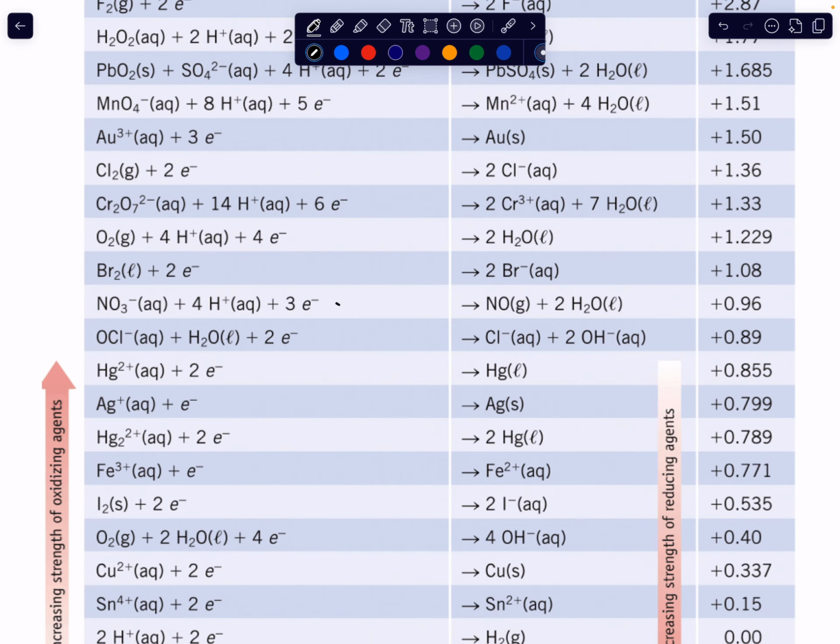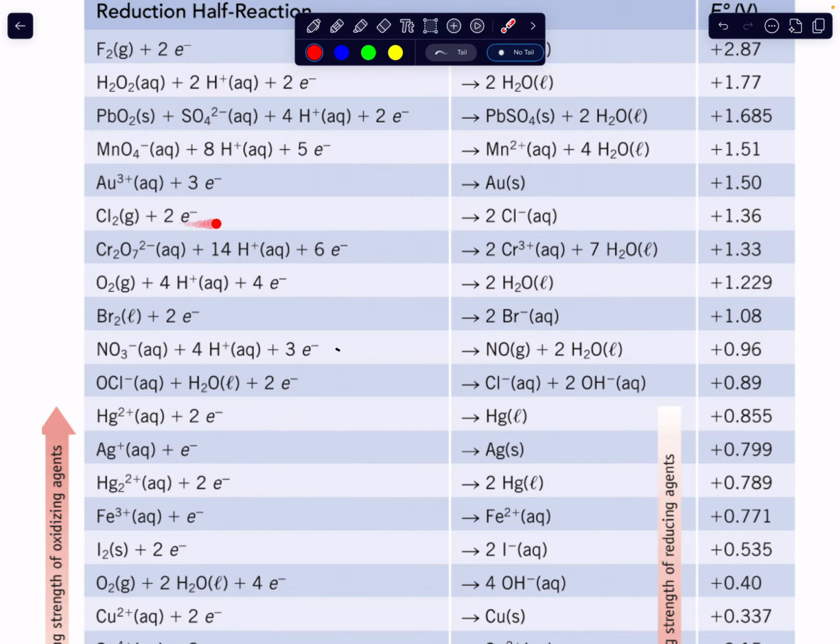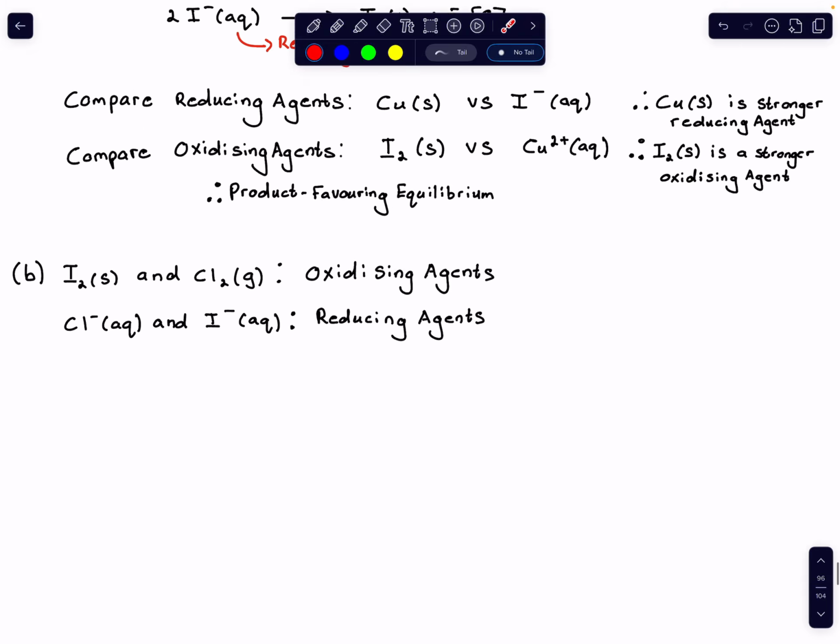So let's just get the reactions that we need to look at. So we got I2, it's the same one that we looked at just before. Now we need to find the Cl2, and that is of course there. So if we're looking at Cl2 versus I2, then we notice that Cl2 lies above I2, so that makes it the stronger oxidizing agent.